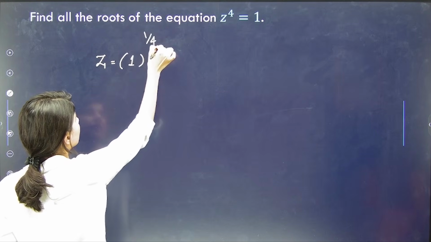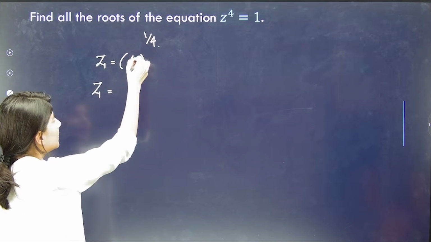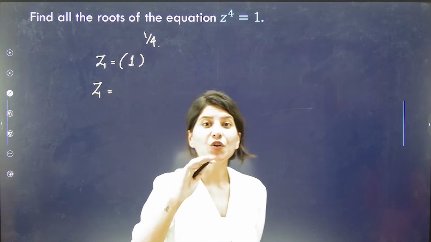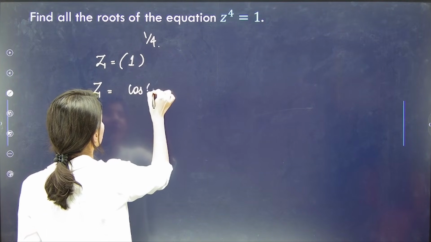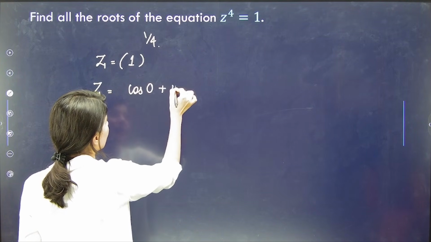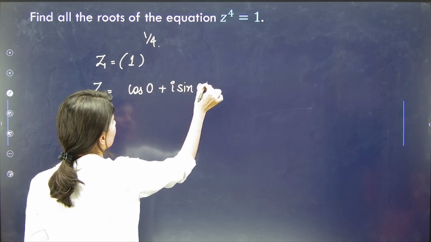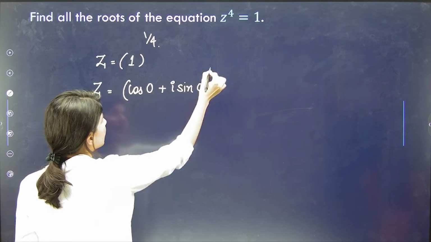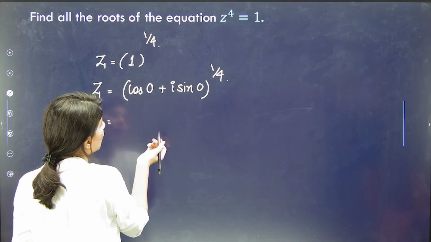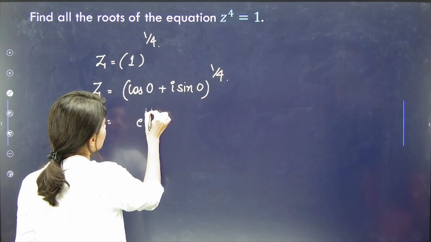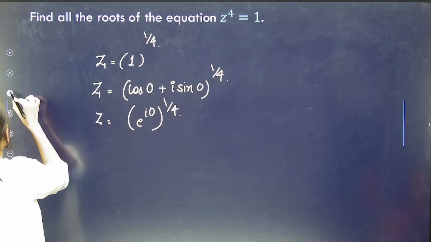Understand, this 1 is a complex number which can be written in the form of cos theta plus iota sin theta. So cos 0 plus iota sin 0, I can write it this way, with power 1 by 4 already there. Z will be equal to cos 0 plus iota sin 0, so e raised to power iota 0 also you can write. Okay, 0 is the argument.